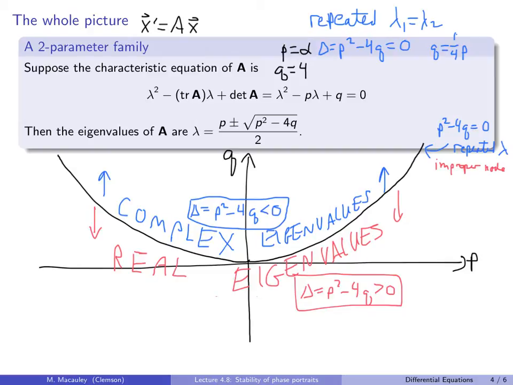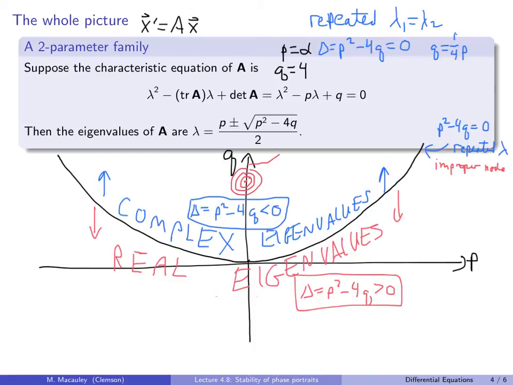Okay, so let's understand this further. Let's start in this region where we have complex eigenvalues, and let's start when we are on the q-axis. Points on the q-axis correspond to when p is 0, which means the real part is going to be 0. So that corresponds to purely imaginary eigenvalues.